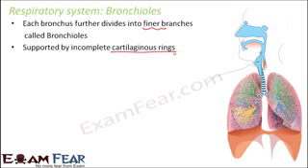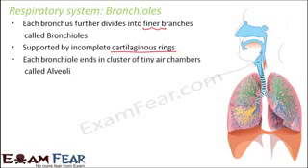They are quite rigid and stout, so that whether air is inside them or not, they will always be like that. They are also supported by cartilaginous rings. And here if you see the trachea, you see these ring-like structures, right? Those ring-like structures are actually the cartilaginous rings.